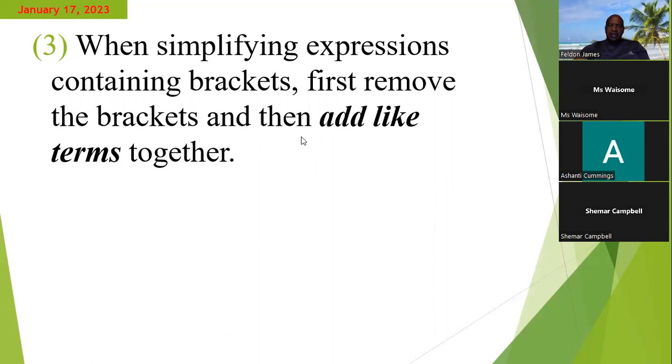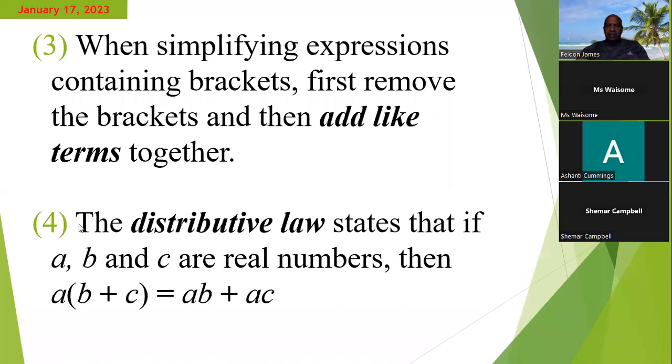Now, this one is saying that if you have more than one bracket in your expression, you can remove brackets from each by applying the distributive law, and then whatever terms you have after you have done so, you group like terms together, add them or subtract them wherever necessary.